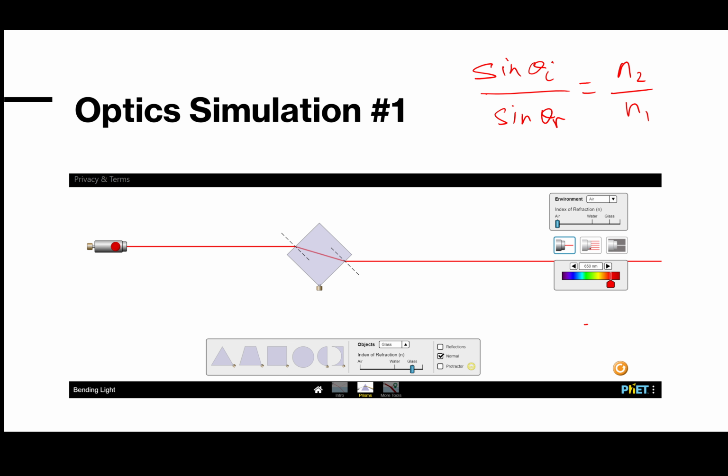So we could test this out, and I'm going to test this out for you to see Snell's law in action. If you were to get a protractor and measure the angle of incidence here, that is roughly 70.